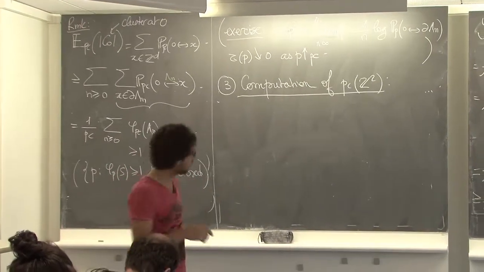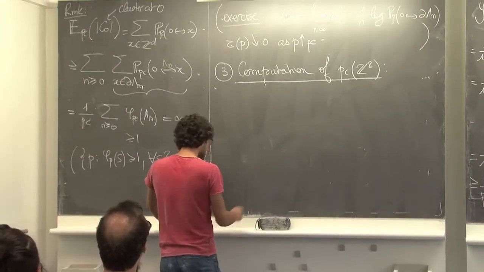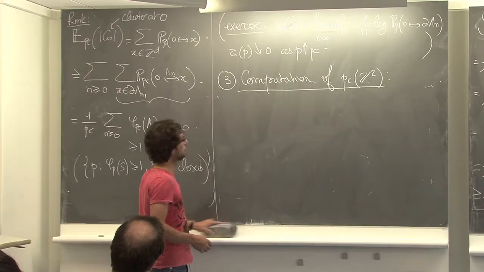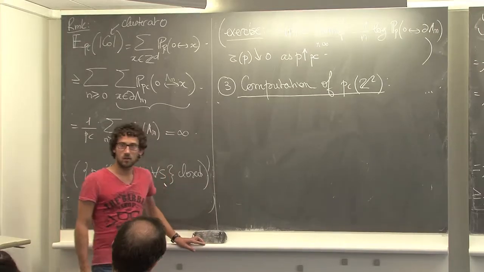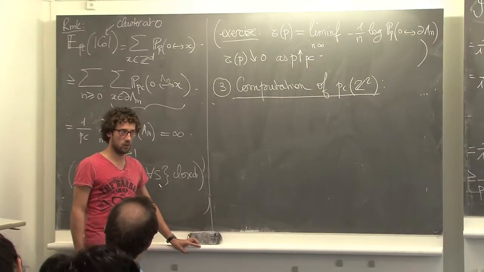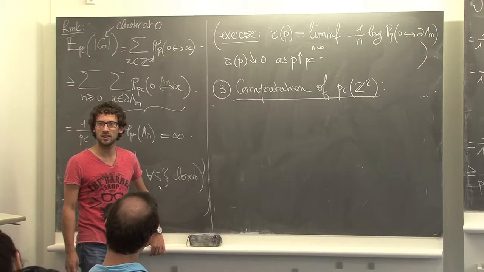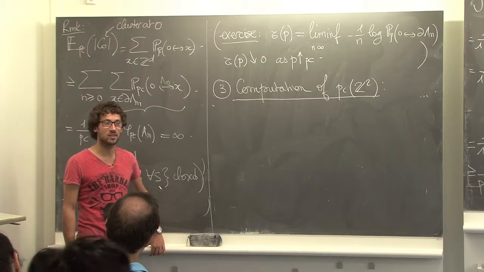So here, let's try first to guess what would be the p_c. For people who never saw it, what do you think about the p_c of Z^2? Is there a natural guess?